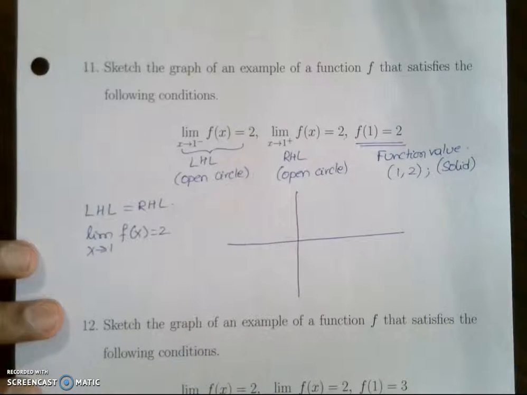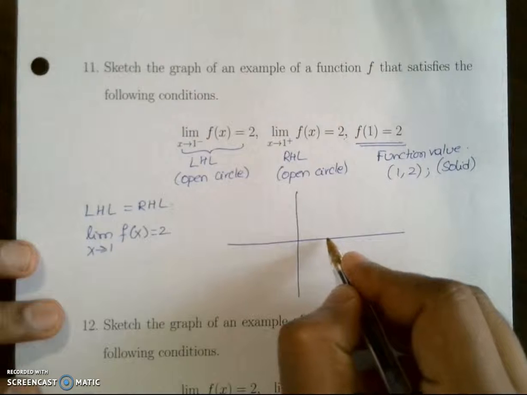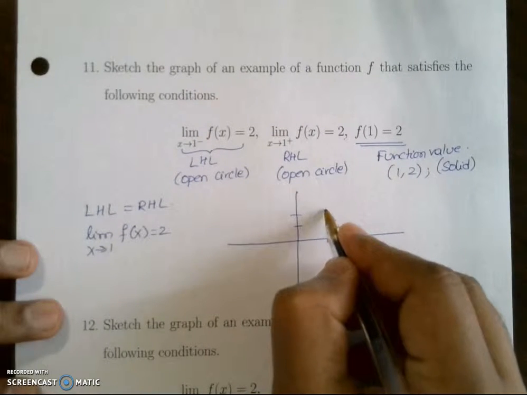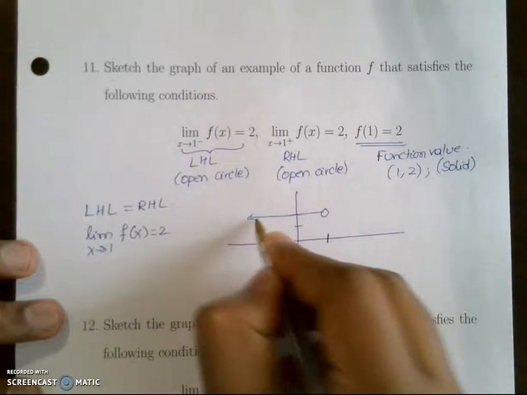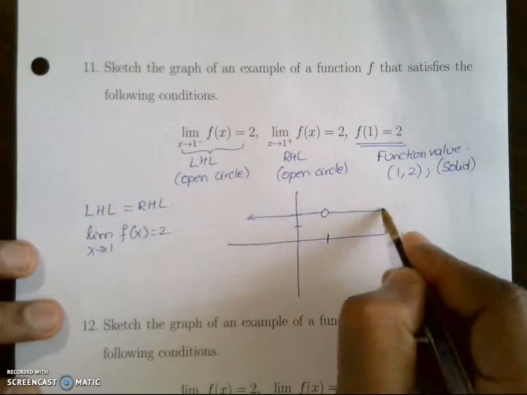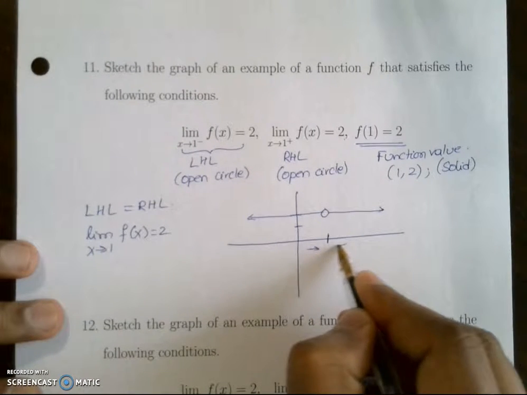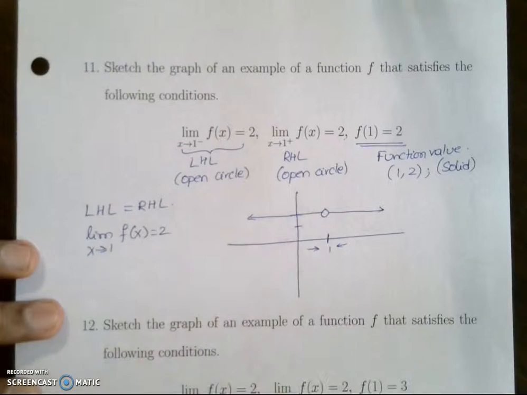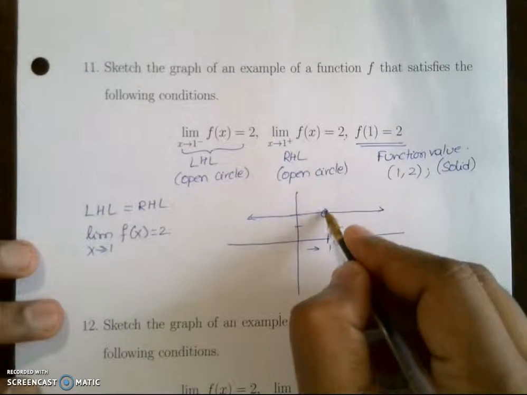Here you can see that the left hand limit is 2, so you have one of the possibilities, a graph like that. The right hand limit is also 2. That means one of the possibilities is like that. So as x approaches 1 from the left and from the right, you can see that the y value is approaching positive 2, and the function value is 2. So this is where it fits in.